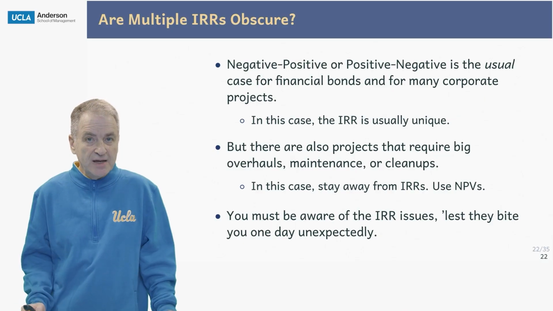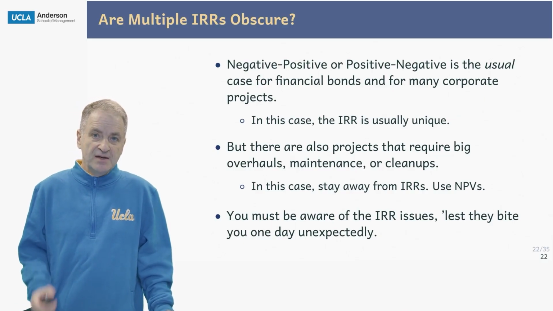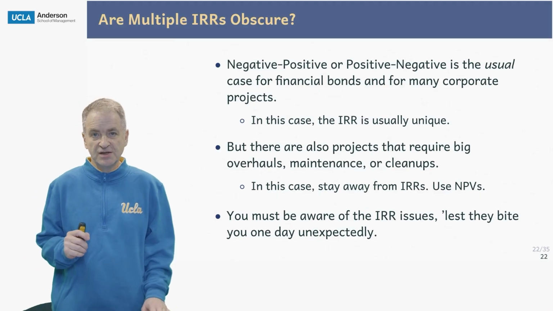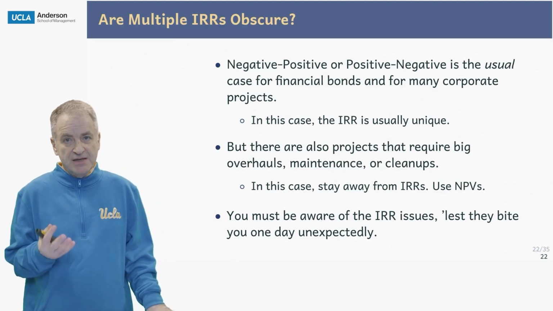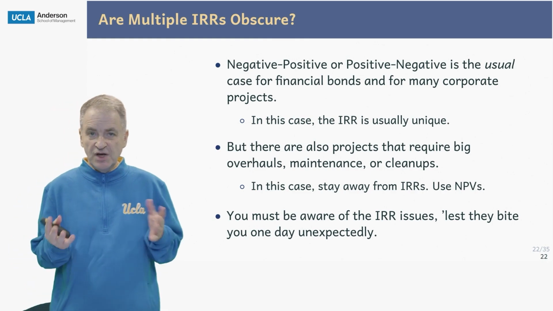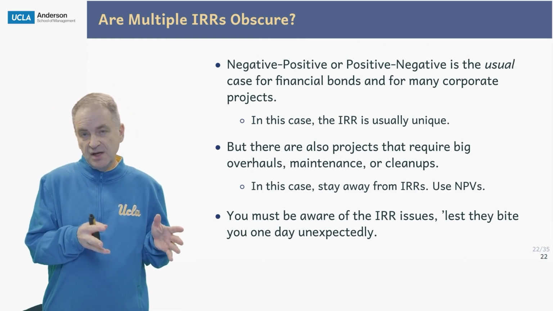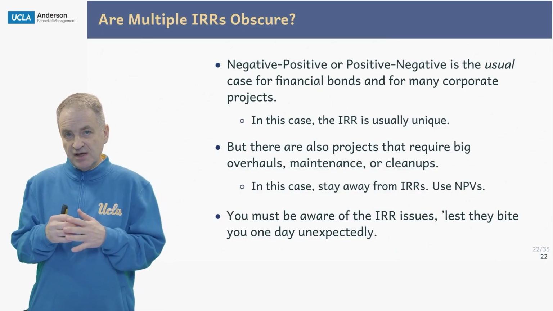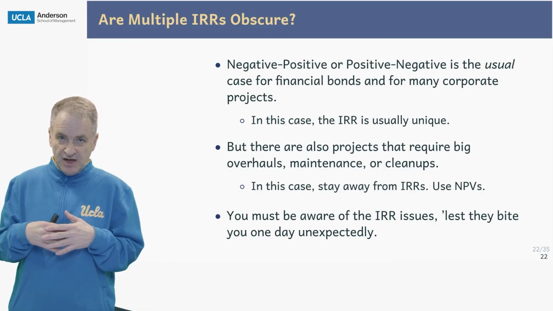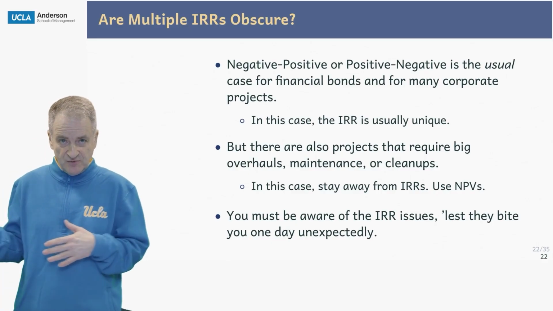This is also why the yield to maturity is so useful in the context of bonds. There are, however, also projects in corporations that may require big overhauls, maintenance, cleanups. So what you have under those circumstances may be a large upfront payment, then a good number of inflows for a couple of years, then you have to overhaul the plant and you're going to have a couple of negative cash flows again, and then some positive ones again.